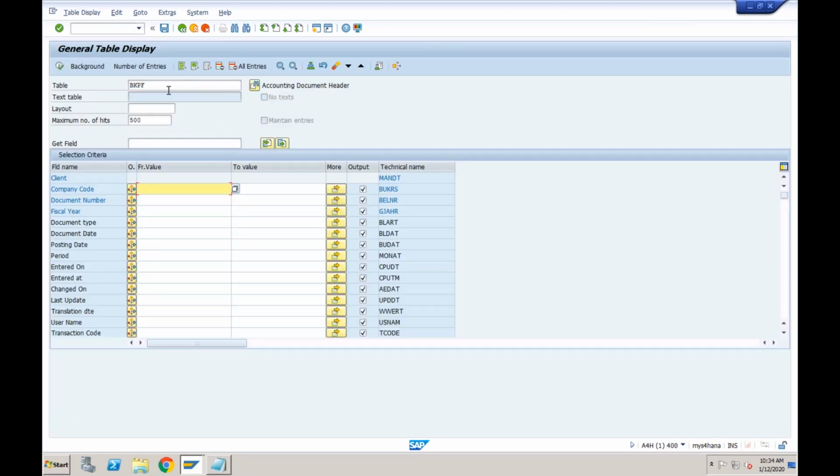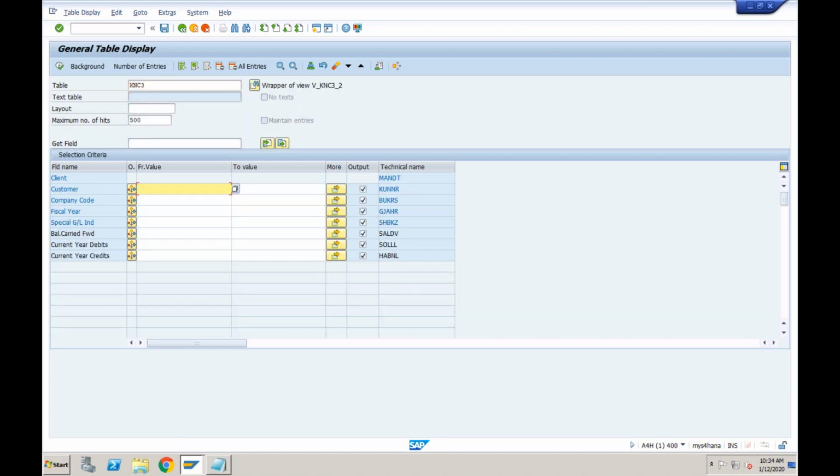So KNA3, I think. No. KNC3, sorry, KNC3. Yes. If I just execute it, you can see it is giving you the balance carry forward, total current year debits, total current year credits.